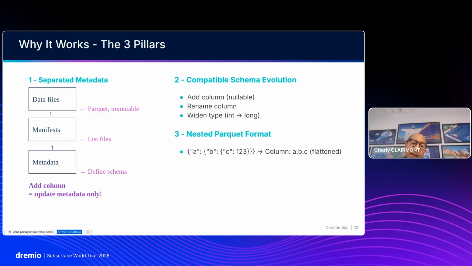We could in fact have these 1,000 columns in our Iceberg table for the data of the flight simulator.